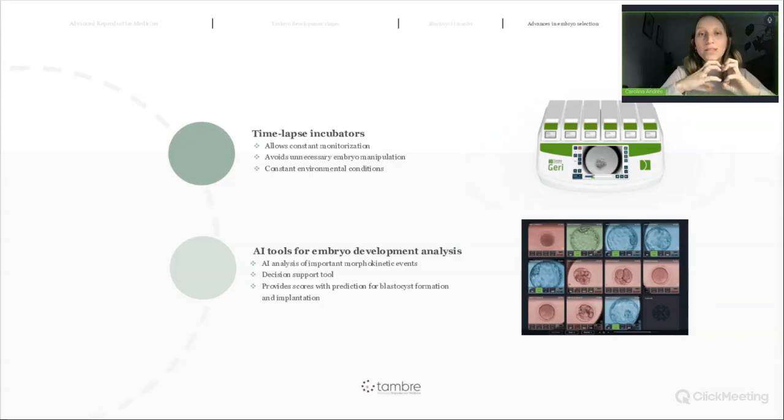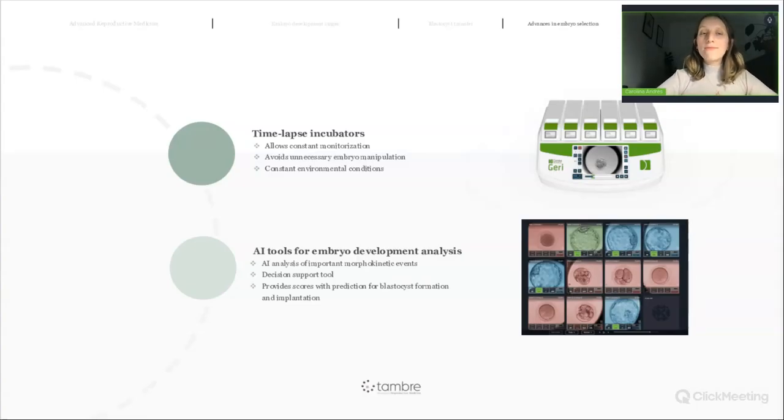Before, we had to take embryos out from the incubator, evaluate them, and put them back inside. Now, the incubator takes pictures every 5 minutes, and we can have a video recorded where we can evaluate how the embryo is developing, having a constant environmental condition without altering any of the culture conditions.